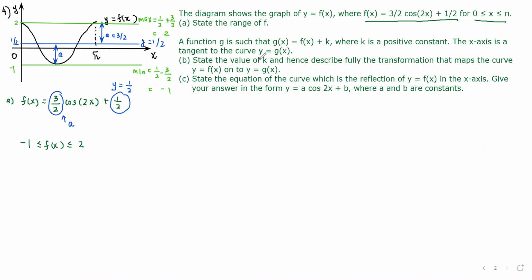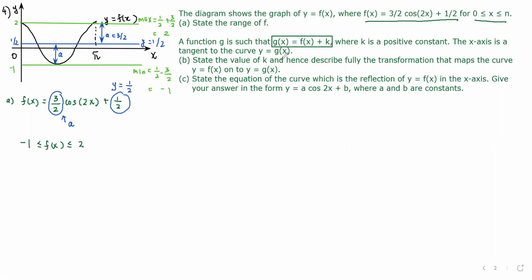The second part of the question, you have a function g, where g of x is f(x) plus k. f(x) plus k means you are translating the graph f(x) vertically k units. g of x is a new function. Now you are translating it vertically such that the x-axis is a tangent to the curve y equals g(x).